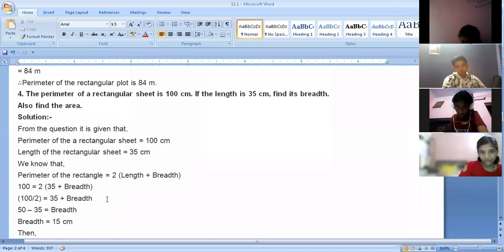Children, length is with you, breadth is with you. Now take out the area after this and give me the answer. What will be the area? That's right, Mukul Jain, Kavya Thakur.